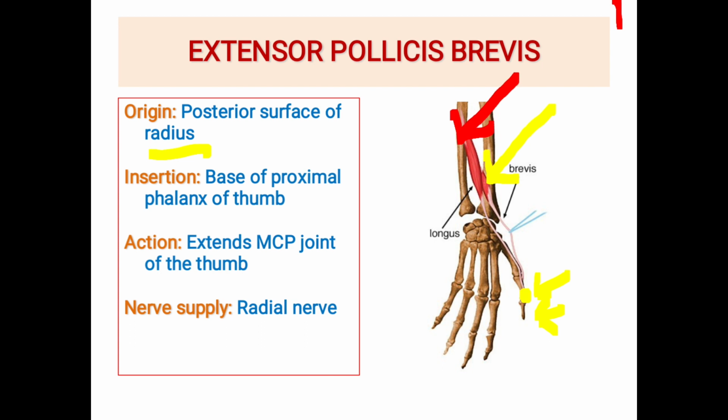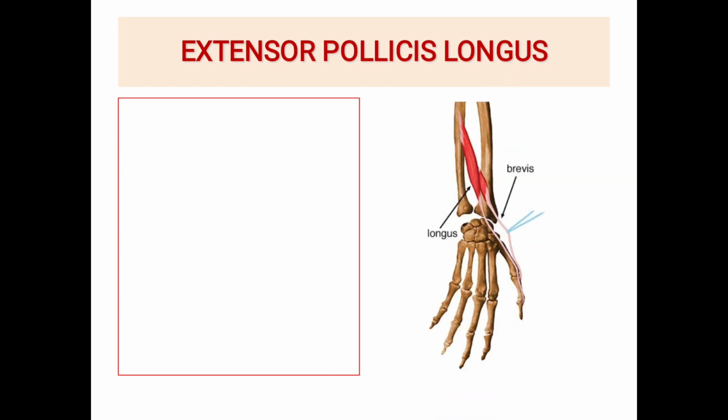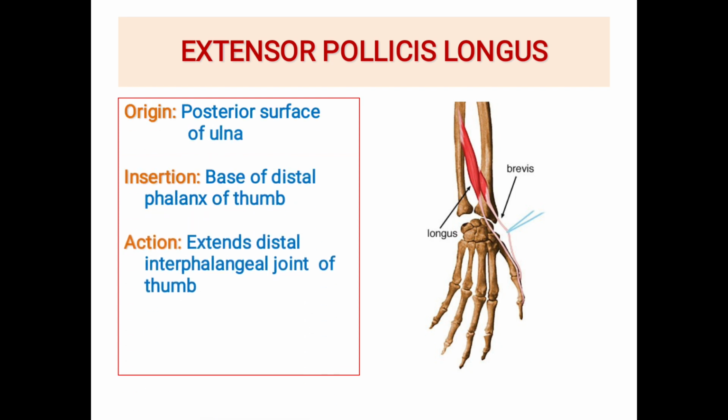Let's go to the next because they're actually the same. Right now you have posterior surface of the ulna, that is the longus, and posterior surface of the radius, the brevis. What is the difference? The longus insertion is the distal phalanx.